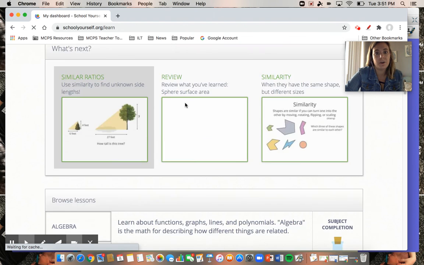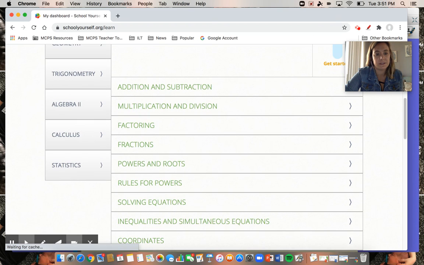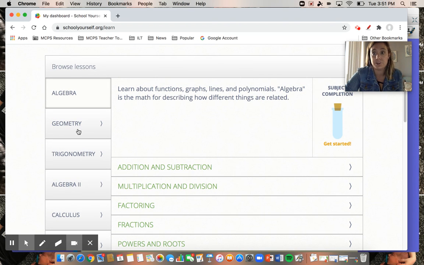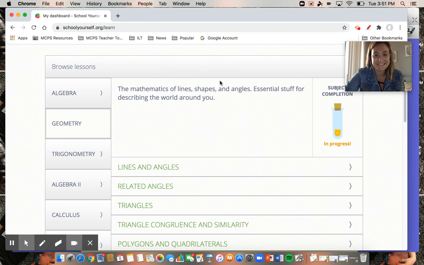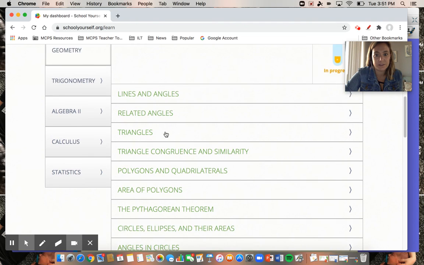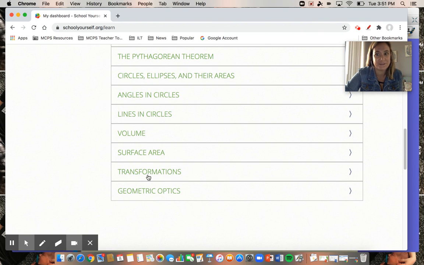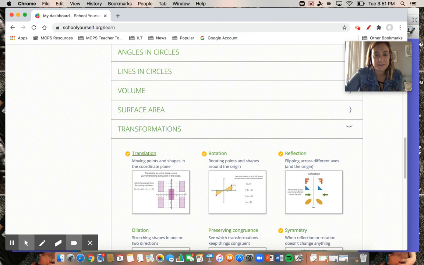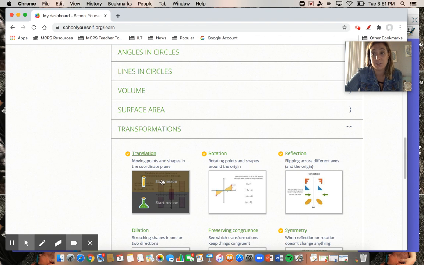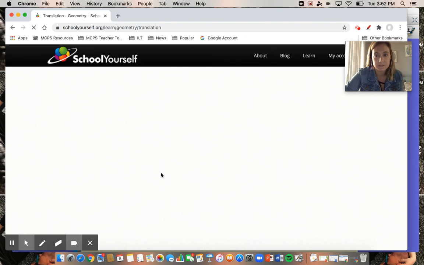And there's so much on here, right? You can see all these different content areas. We're going to go with geometry because that's what you guys are taking. And I'm going to scroll down. You can see all these different geometry topics. And, oh, check that out. We're doing transformations. So I'm going to click transformations. And this first one, I'm going to do translations. So we're going to do this together so I can kind of model what it's like. But I love this website.